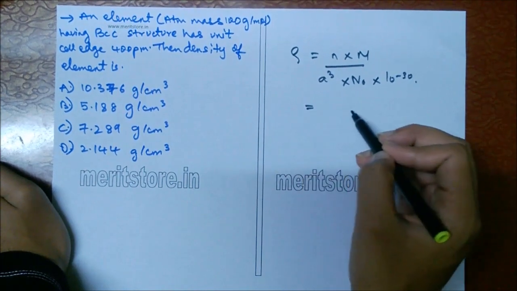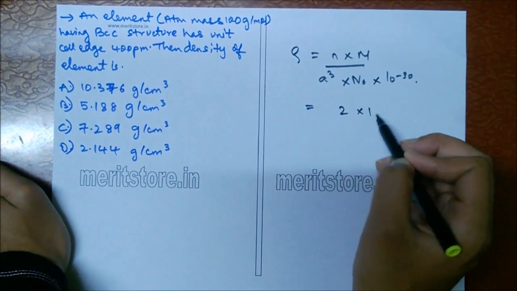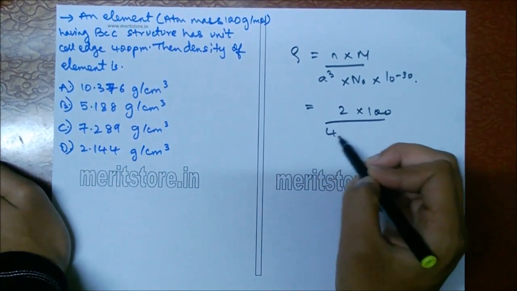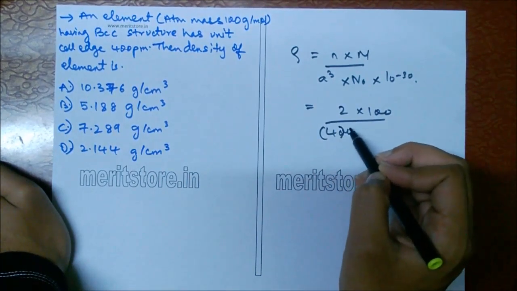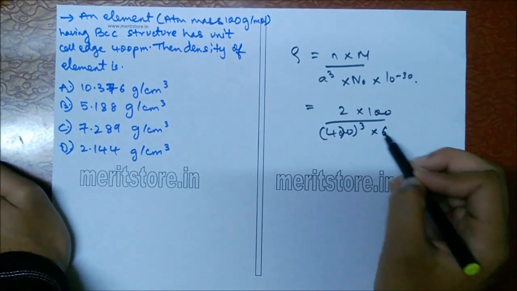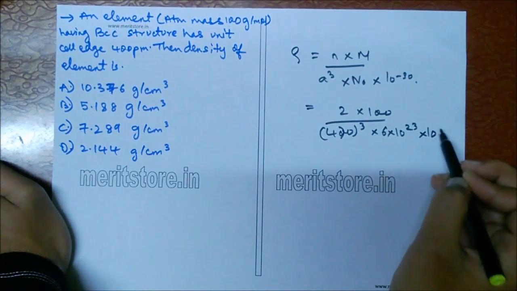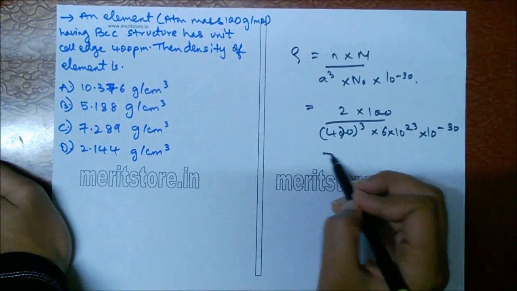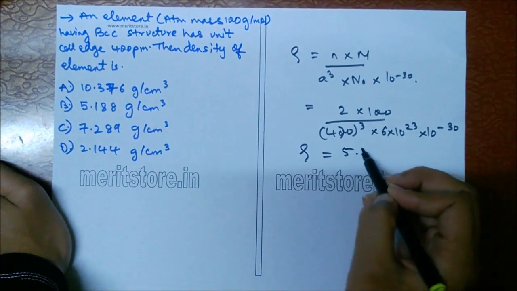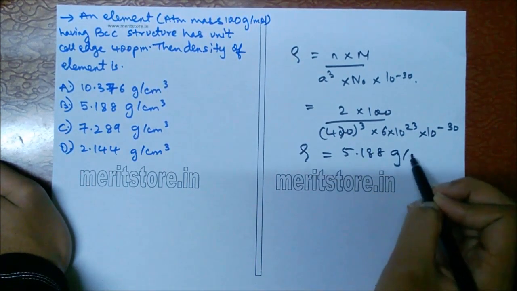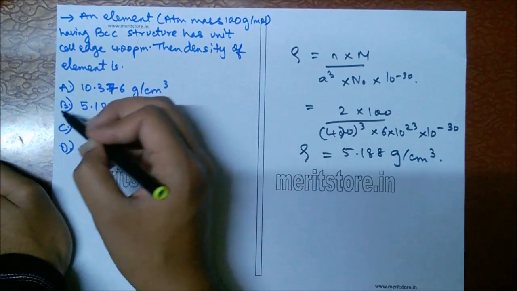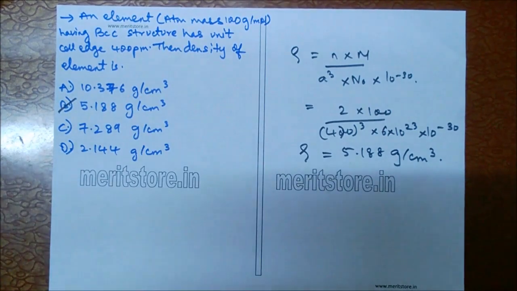So we can substitute the values: 2 into 100 divided by 400 cube into 6 into 10 raised to 23 into 10 raised to minus 30. On solving this, we get density as 5.188 gram per centimeter cube. So option B is the correct answer.